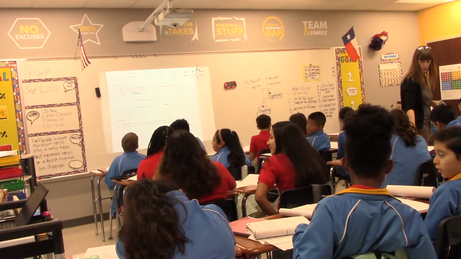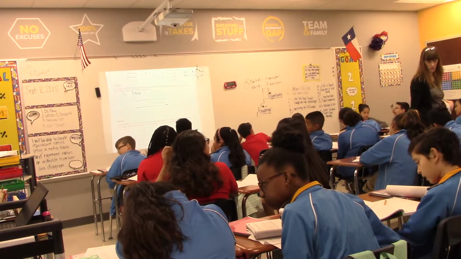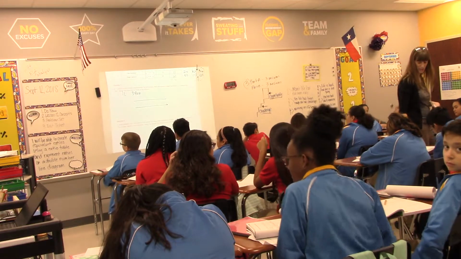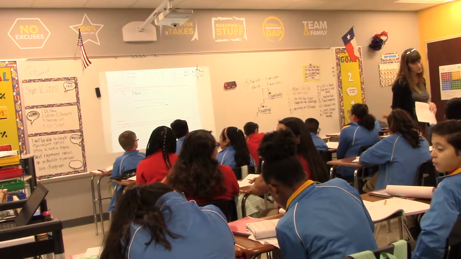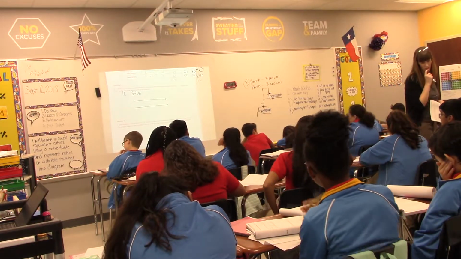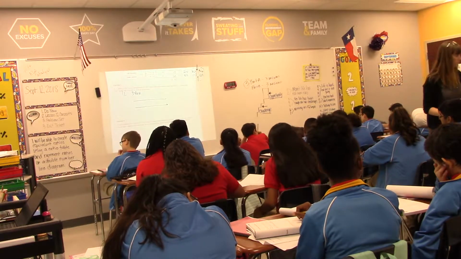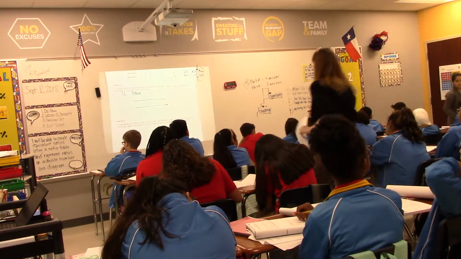How many different measurements am I talking about? Can we put them on the same number line? No, because I have to have them separate, just like we do in the table. Yes, go ahead.